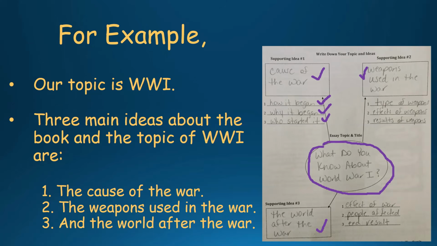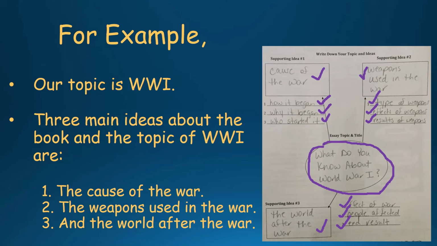And then when we move into our next paragraph, we're going to talk about the types of weapons used in the war, the effects of those weapons, and then the result of the impact of those weapons on the war and the world. And then for our next point, we are going to talk about the effects of war, the people that were affected by the war, and then the end result after the war. So those are the things that we're going to talk about in our paper.